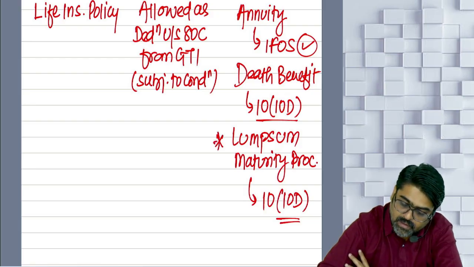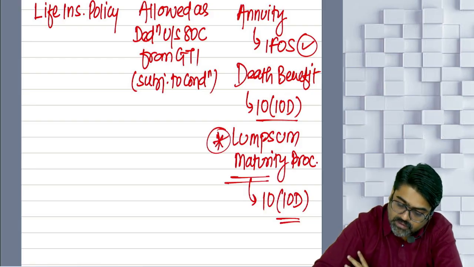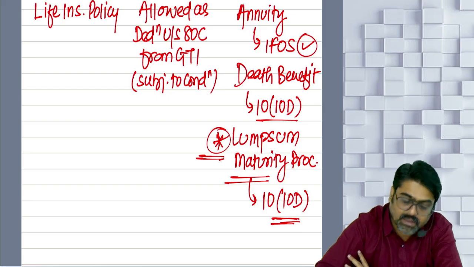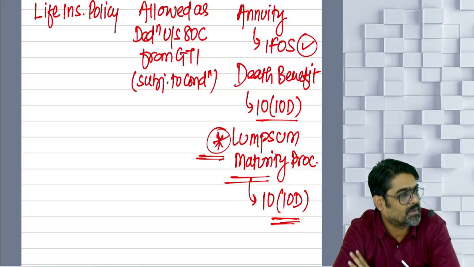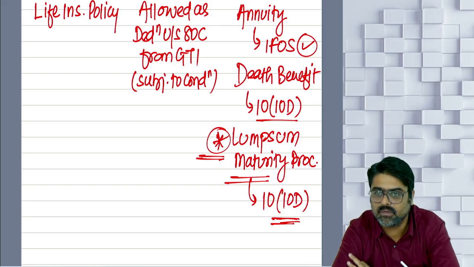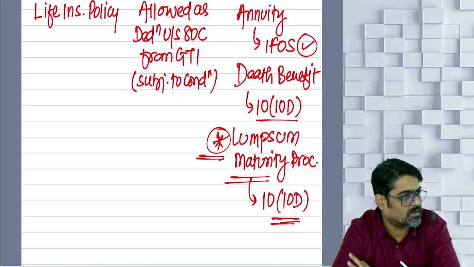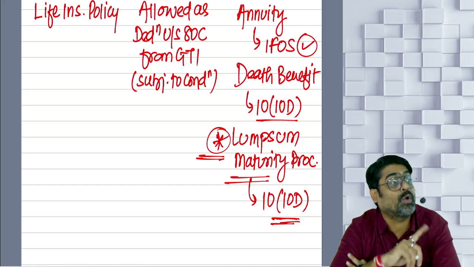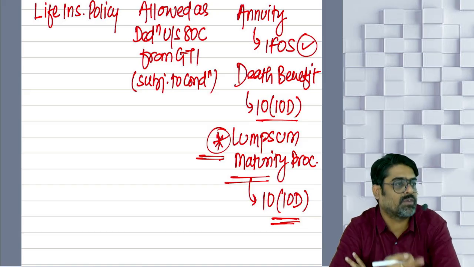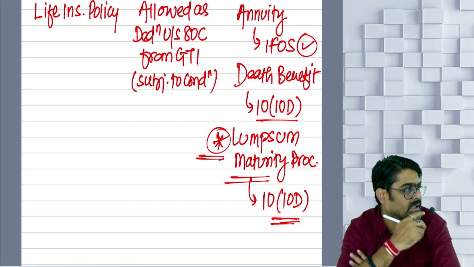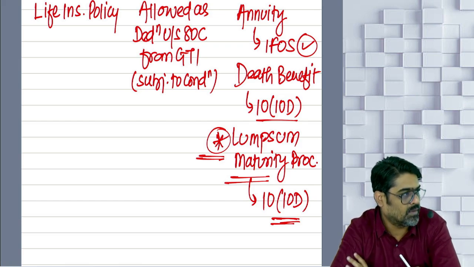But wait, if you want this lump sum proceeds to be exempt under section 10(10D), there are certain conditions which you will have to satisfy. For example, you have taken a policy for 10 years. That is a life insurance policy, but it is not an annuity policy now. Because if it was an annuity policy, on maturity you would have started getting annuity.